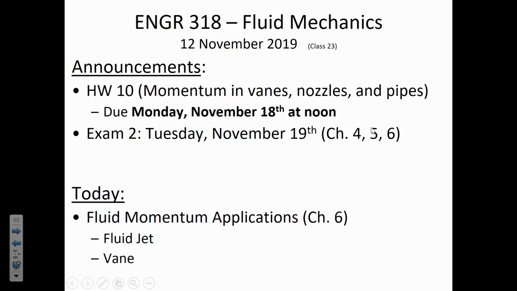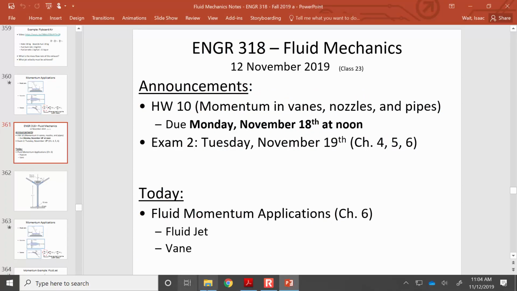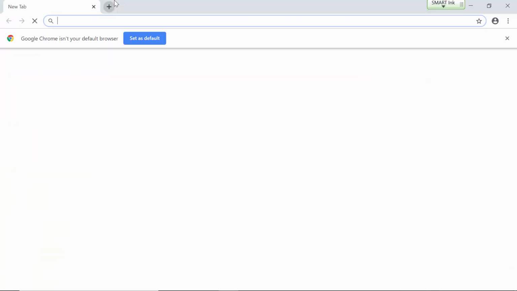Yes? On the homework handout on MU Online, you can no longer access them on there. That's true, but the handouts are someplace else, so let me show you where those are available.